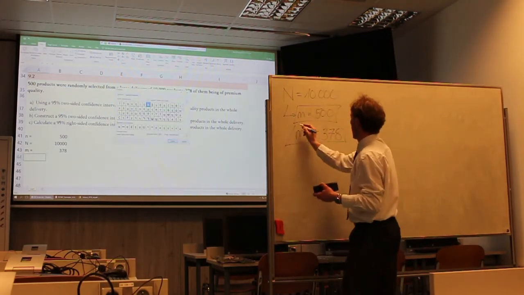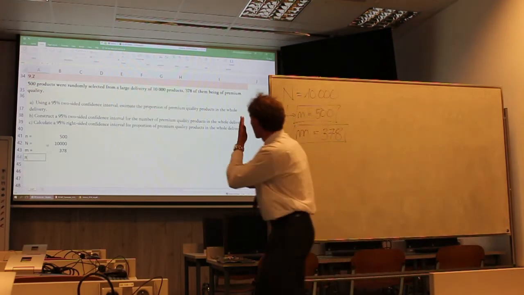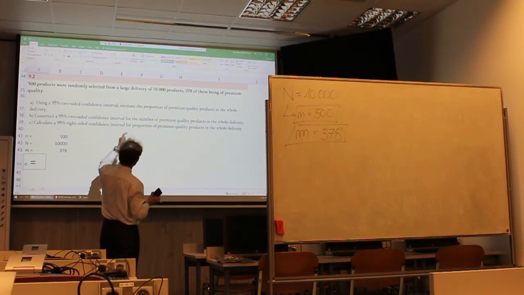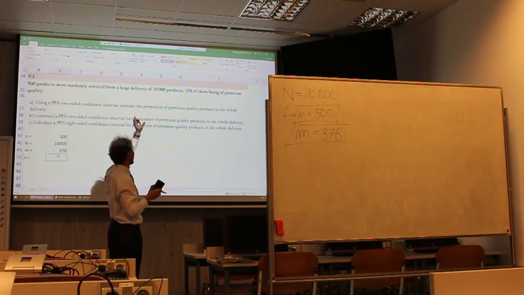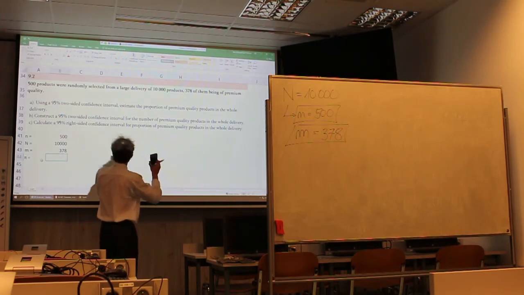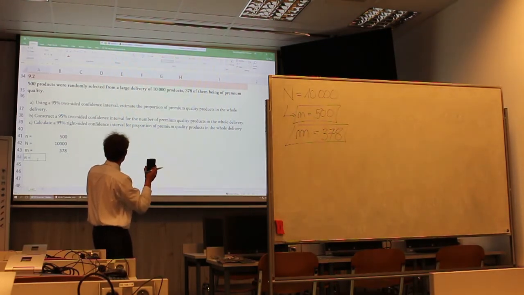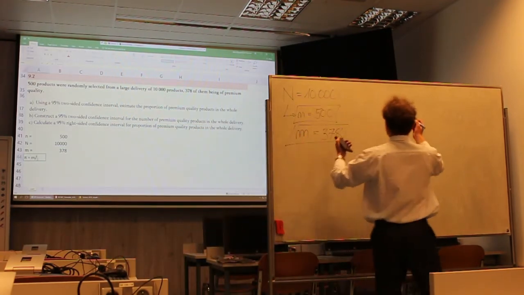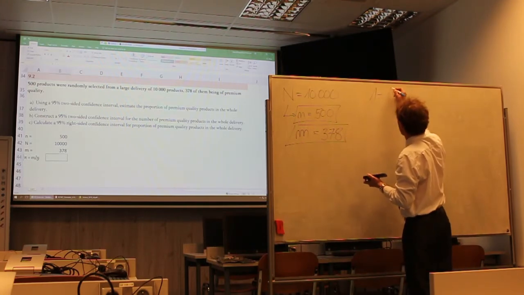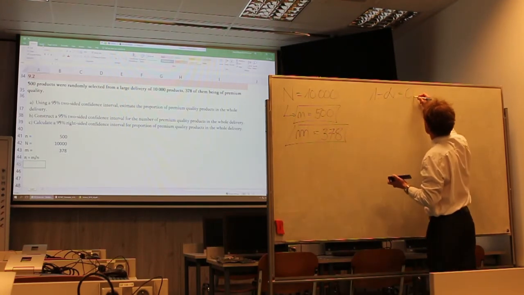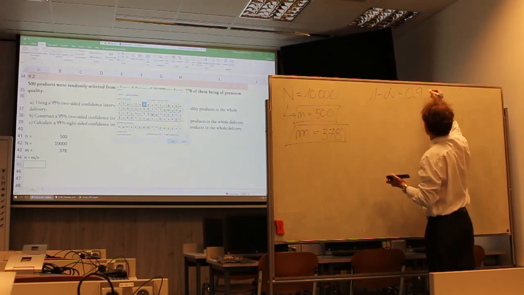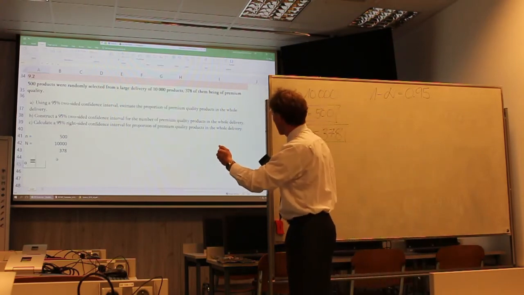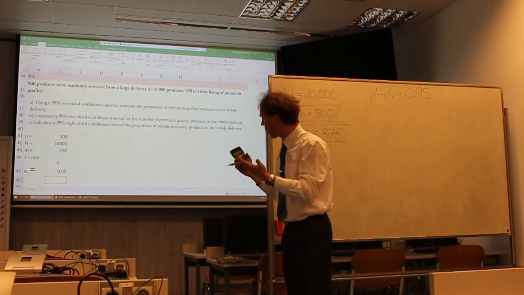Okay, so we know these statistics. Using a 95% two-sided confidence interval, estimate the proportion of premium quality products in the whole delivery. So we will use the confidence interval for the proportion, a two-sided confidence interval. We know that the confidence level 1 minus alpha is equal to 0.95, a 95% confidence level. We are statisticians, so we are using a relative number.